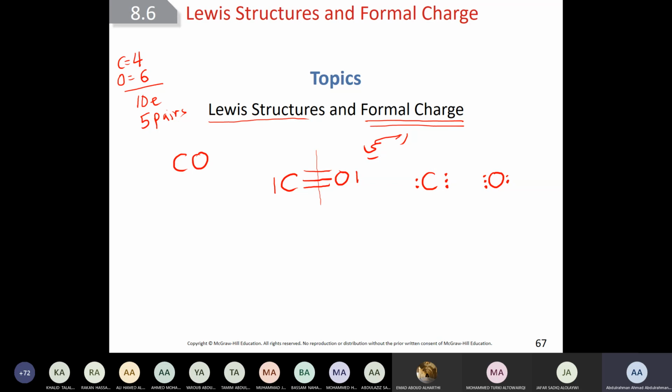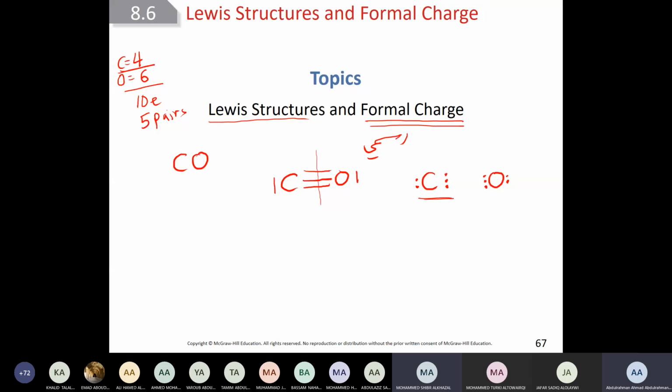Now let me ask you a question. To start, what was the valence of carbon? It was 4. But how many electrons around it now? 5. This means what's the formal charge on it? It was 4 and now it's 5.